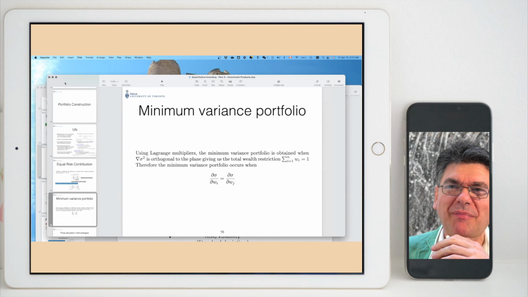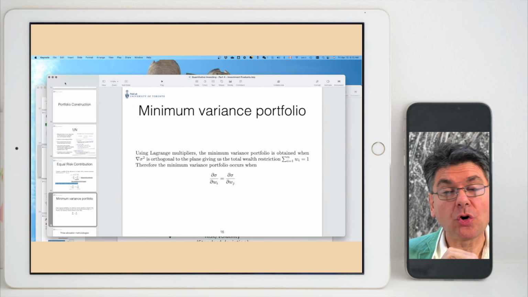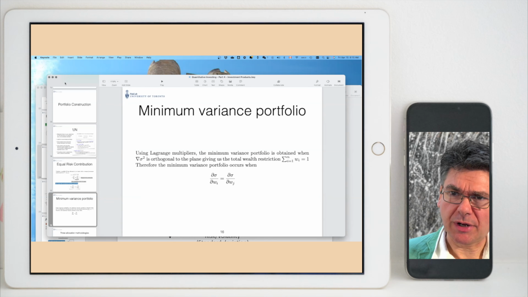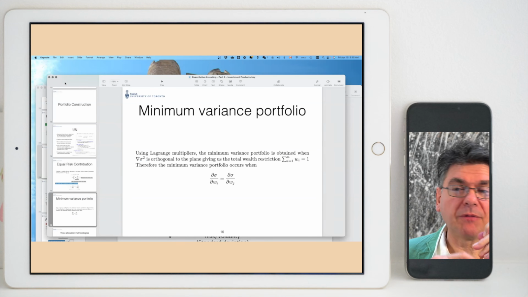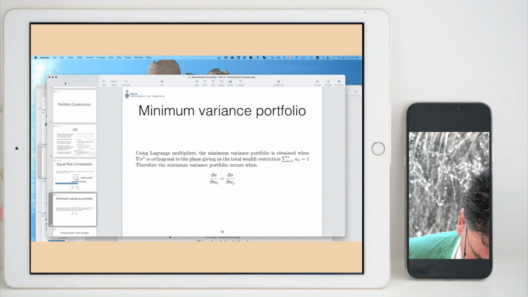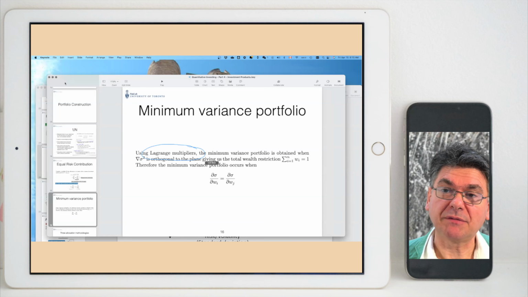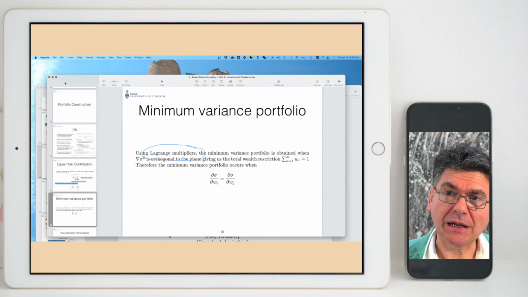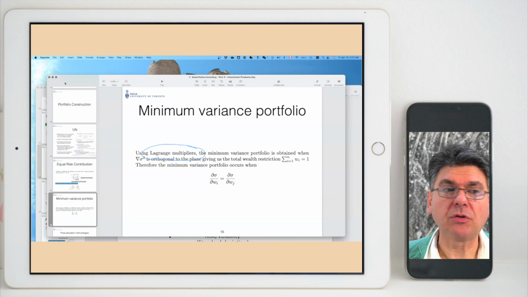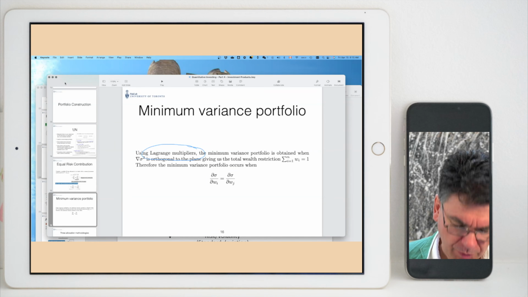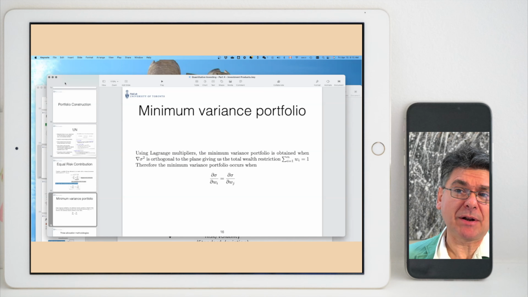Now, I don't know if you understand what I'm going to tell you now. It is not very important, but this is how I go from this concept of minimum risk to an actual formula. And for that, I have to use something which is called the Lagrange multipliers. It's something advanced in multivariable calculus, and I don't know if you know it, okay? But if I want to calculate the portfolio with a minimum variance, the way I do that is I set up an optimization problem.